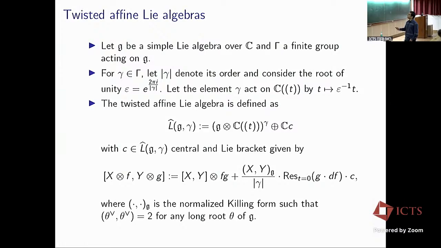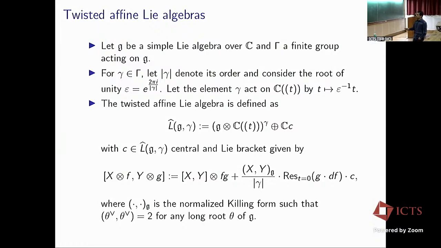Now there is gamma acting on the g and gamma acting on here according to this. So we take the gamma action here and take the gamma invariants. That's the twisted loop algebra. And then we take a central extension of this. So basically this small c is a central element, and the Lie bracket is given by this formula.